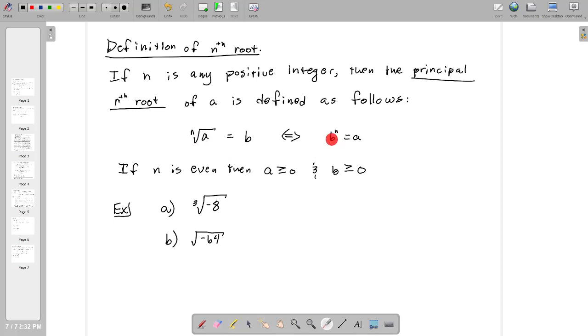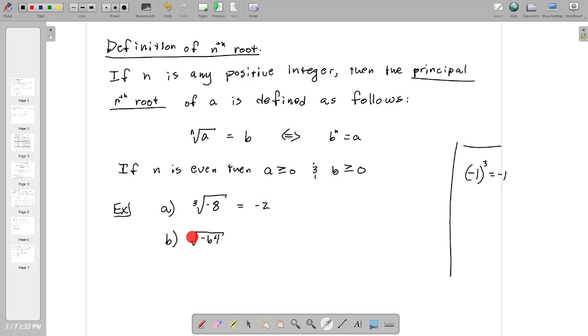If b is negative and we take it to an odd power, then that will give us a negative number. For instance, negative 1 to the third is equal to negative 1. Negative 1 times negative 1 times negative 1, there are 3 negatives, so we get a negative value. So this actually turns out to be negative 2. Negative 2 times negative 2 times negative 2 gives us negative 8.